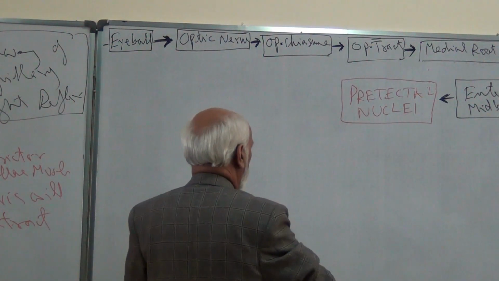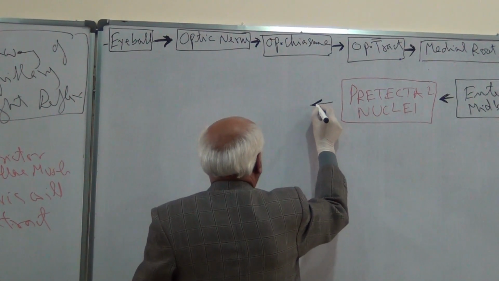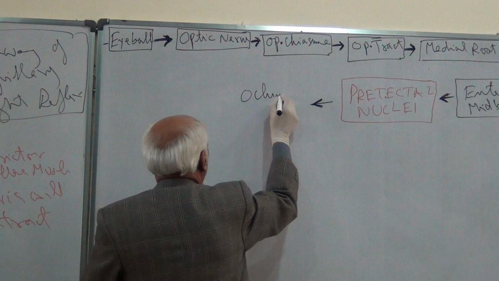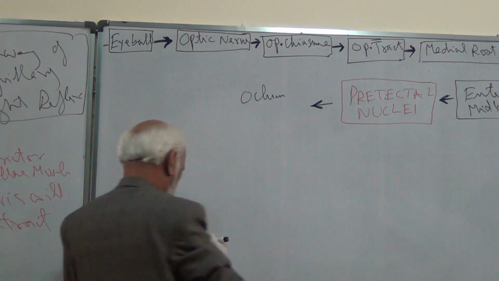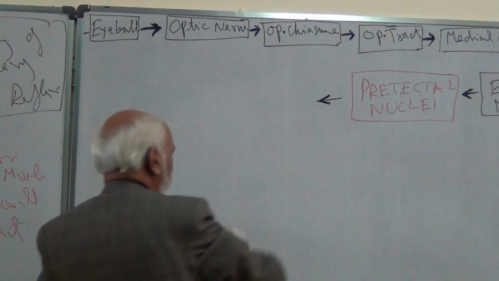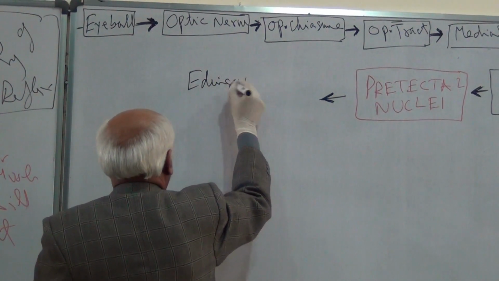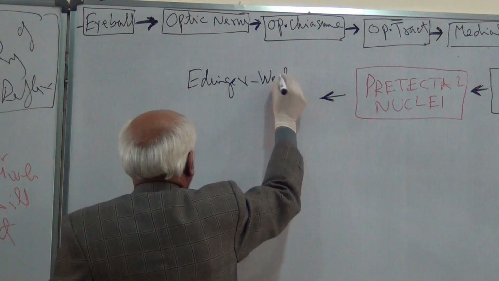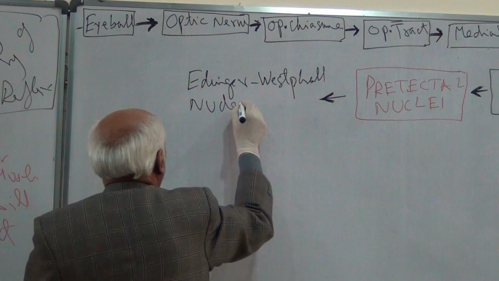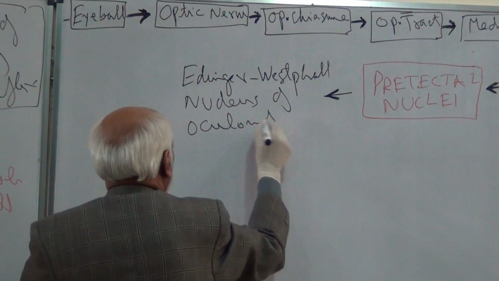Now from the pretectal nuclei, the fibers run to the Edinger-Westphal nucleus of the oculomotor nerve, the third cranial nerve.